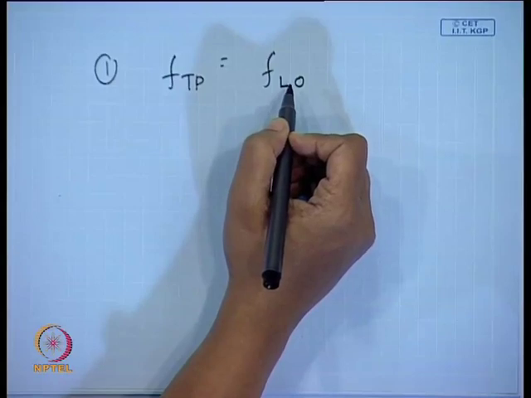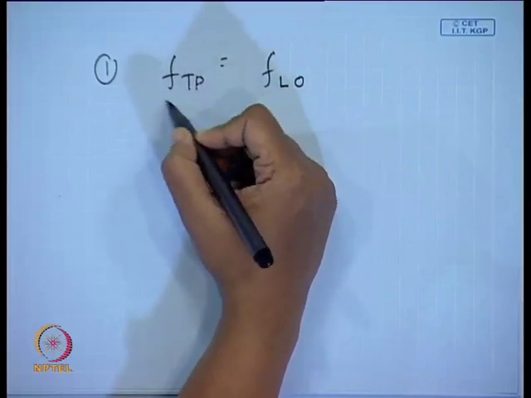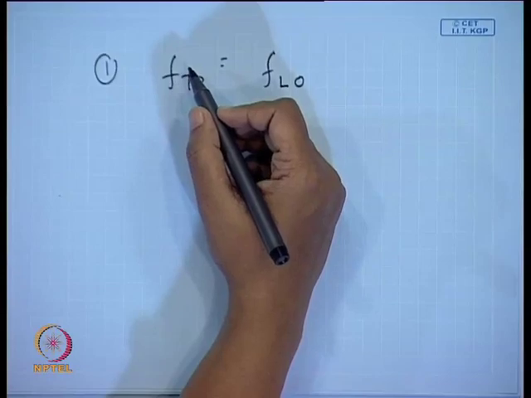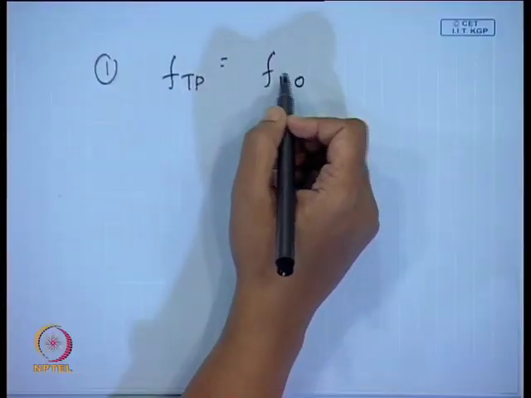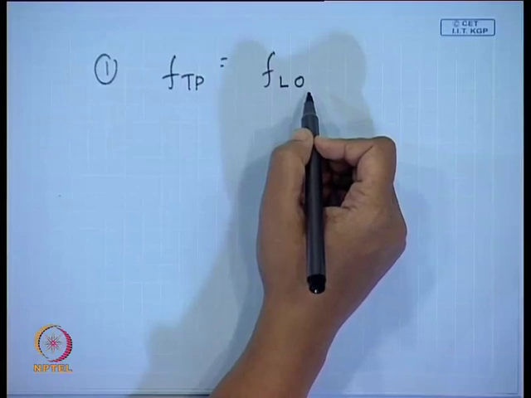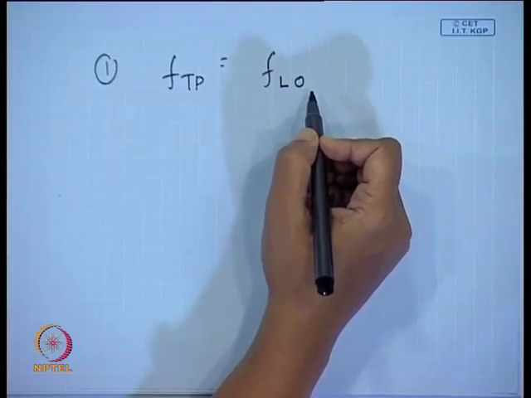Since the vapor quality is very small, we assume that the frictional pressure gradient arises primarily due to the flow of the liquid phase of the two phase mixture. So under that circumstance we can assume FTP is equal to FLO, where LO means the liquid of the mixture is flowing alone in the pipe.